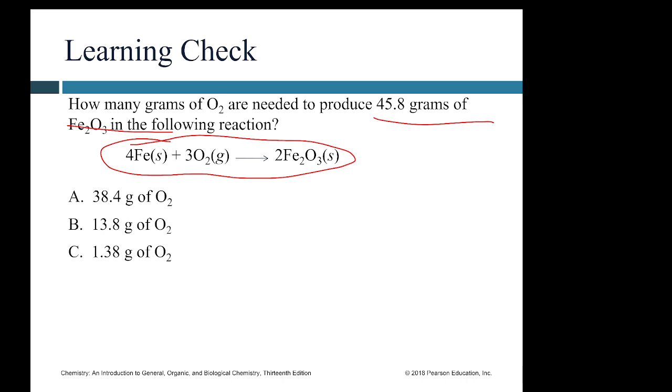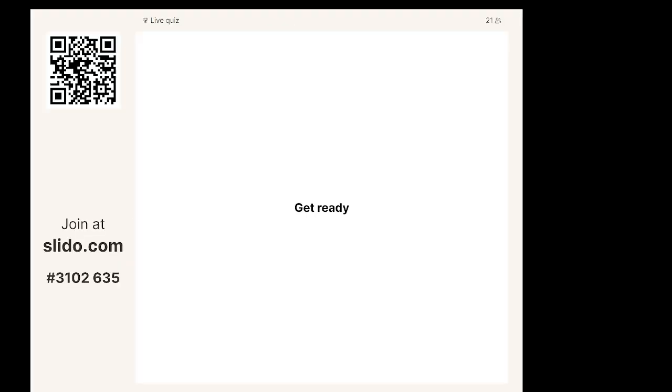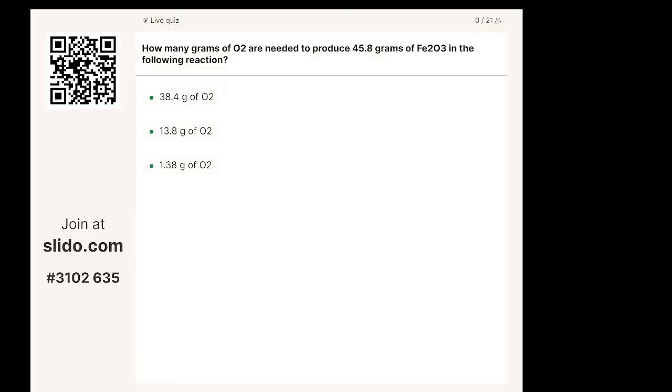Okay, I'm going to go on to the quiz. So how many grams of O2 are needed to produce 45.8 grams of Fe2O3 in the following reaction? That was that reaction from before. Anybody missing the reaction?